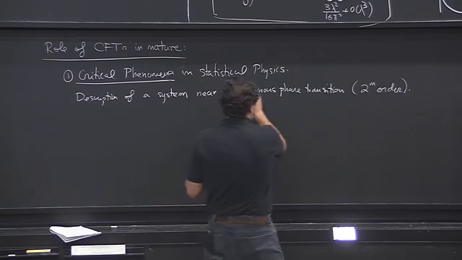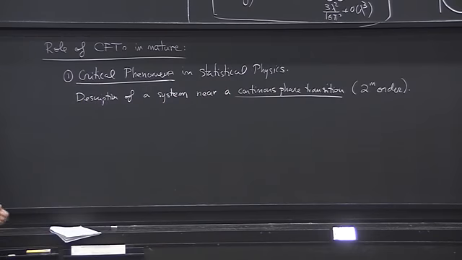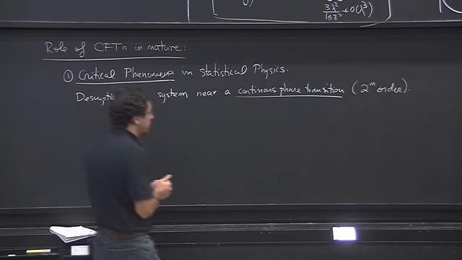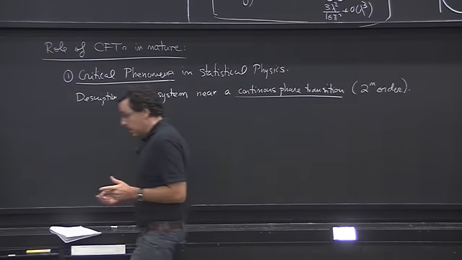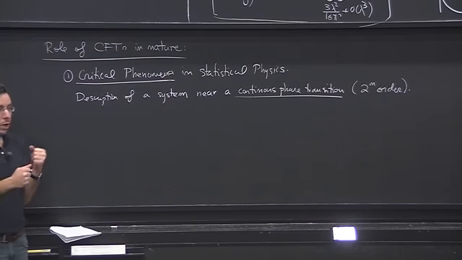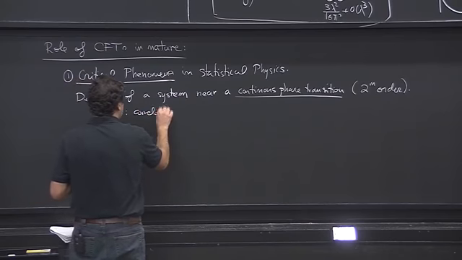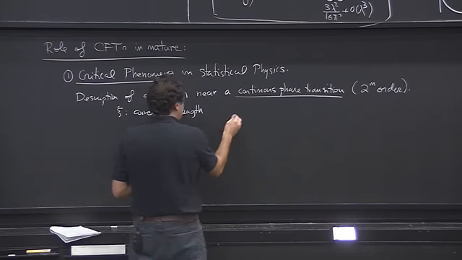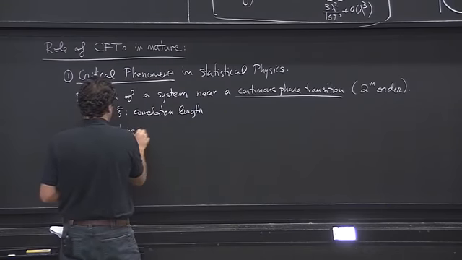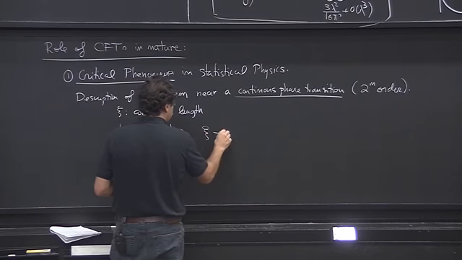And the basic property of a continuous phase transition is that by tuning knobs in the experiment, like temperature, pressure, magnetic field, and so on, you can tune those parameters such that the correlation length of the system goes to infinity. So this xi is the correlation length.